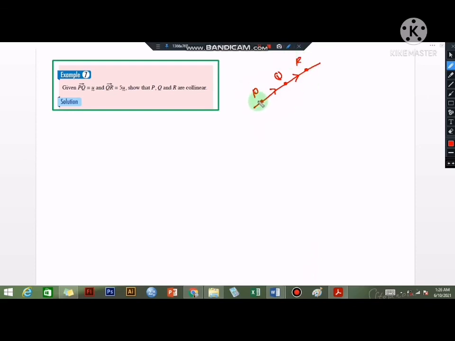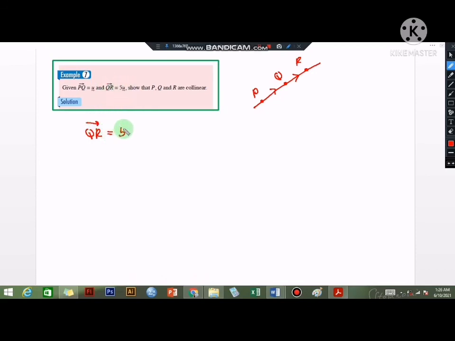Okay. So what should we do for this one? How to show that P, Q and R are collinear? You need to do it like this. You know that given vector PQ is equal to U and vector QR is equal to 5U, then vector QR is equal to 5U.